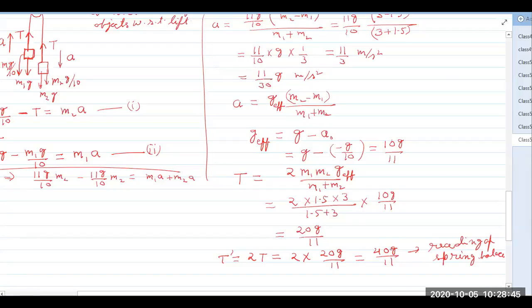This is the force acting on the spring balance, but if you convert that force into mass, the reading will be 40 by 11 kg. Readings are shown always in mass. So this will be the answer.